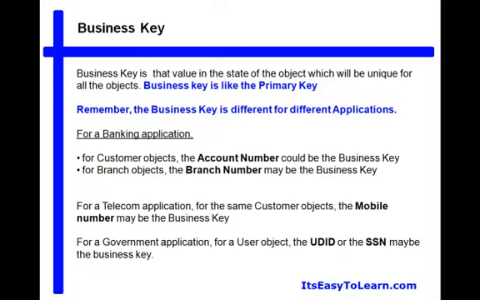And for branches, the branch number may be the business key. For a telecom application, the mobile number may be the business key. For a government application, the UDID or the social security number may be the business key. In our case, the college administrative system, the admission number is the most likely candidate to be the business key.